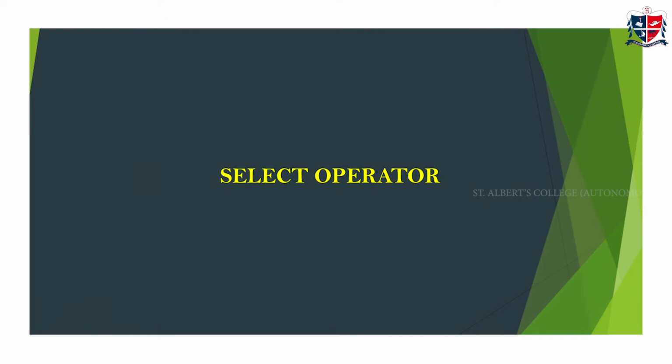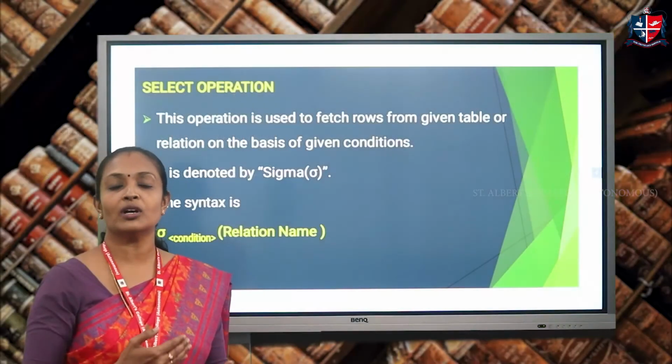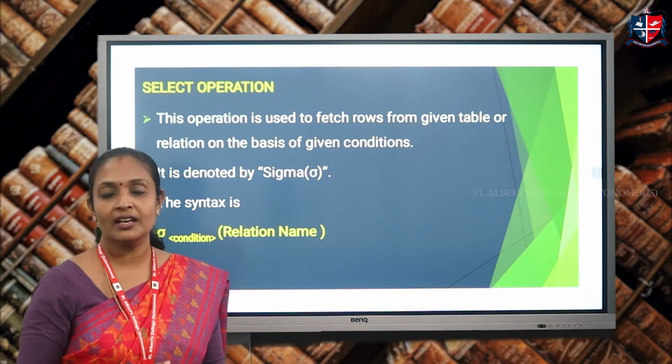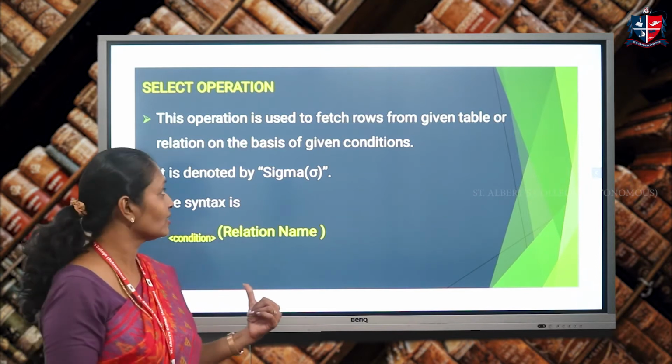First, we will explain the select operator, that is the select operation. The select operation is used to fetch rows from a given table or relation on the basis of given conditions. That is, based on a condition, we have to retrieve the data from the database. That operation is known as the select operation.